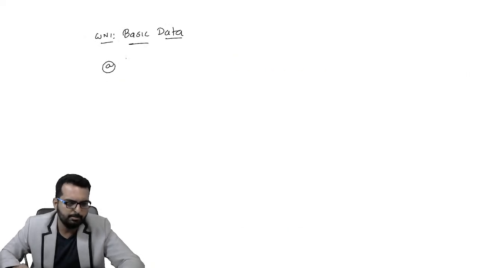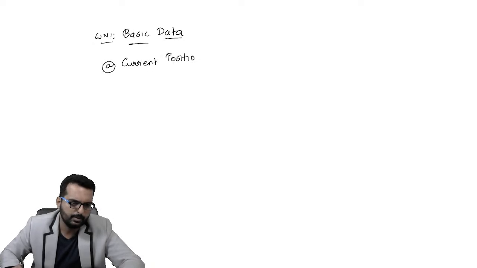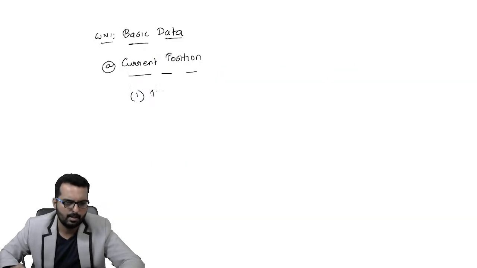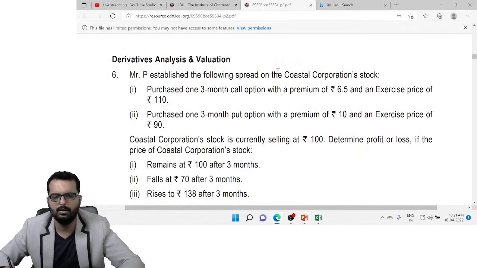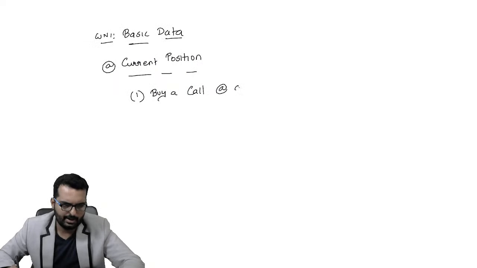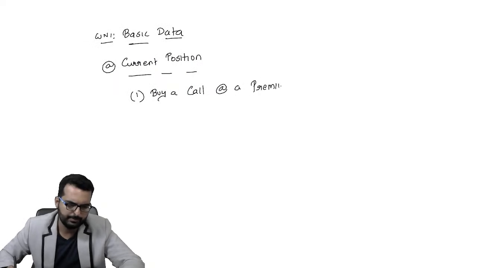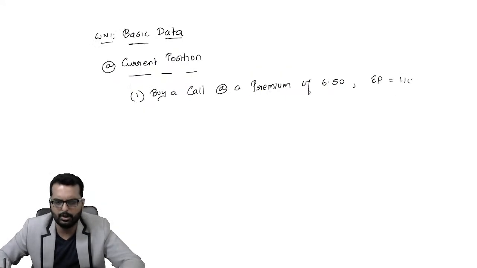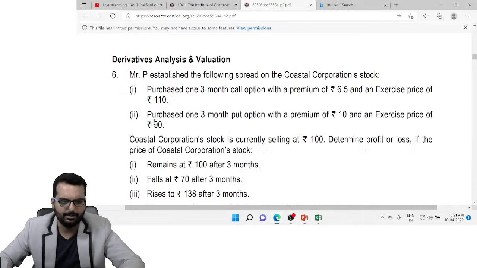So I'll write down point number A, current position. It is buy a call at a premium of 6.5. Exercise price is turning out to be how much? 110.